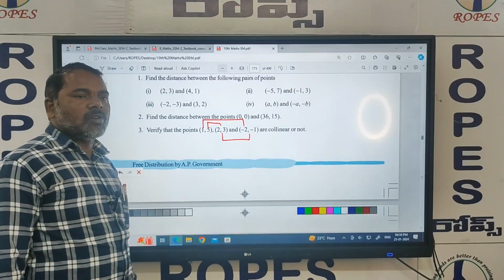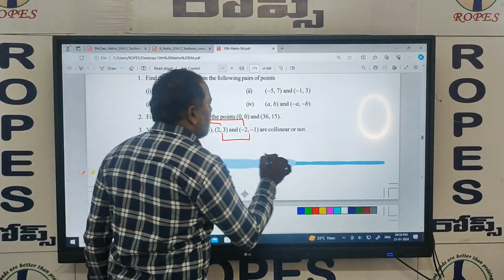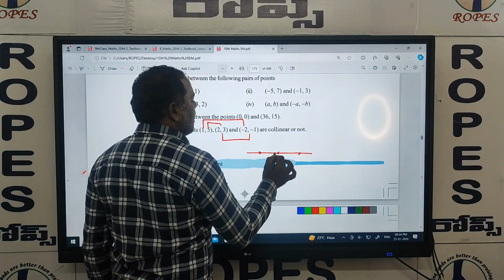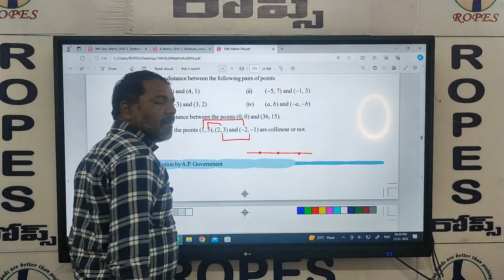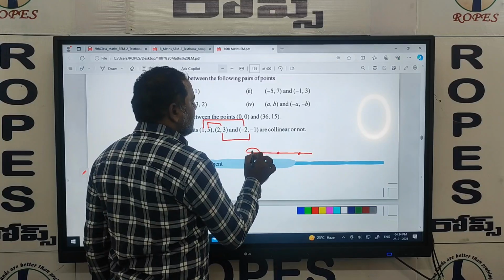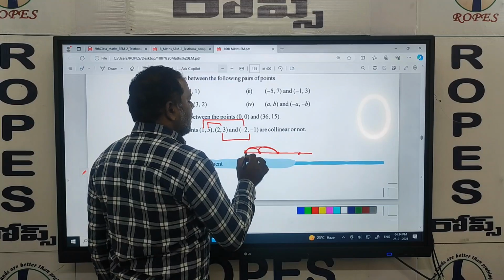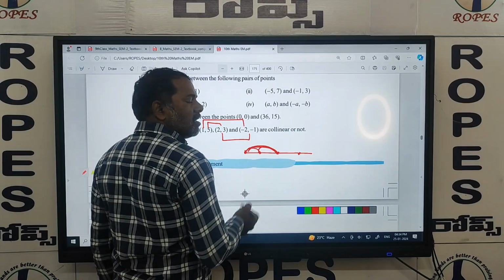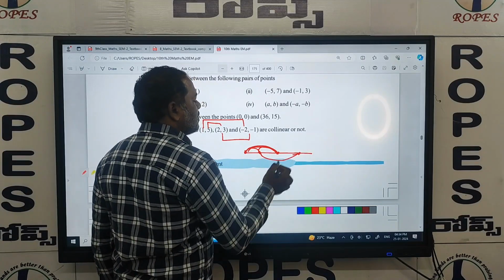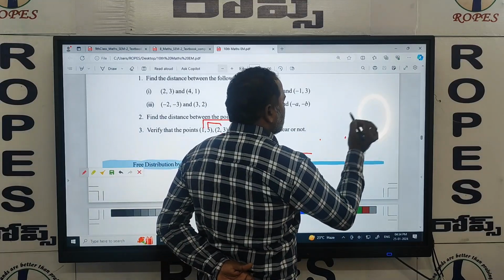First of all, what is collinear? Collinear means the points lie on the same line, on a straight line. Points that lie on the same line are collinear. If you observe this, there is the starting point, the next point, and the 3rd point.